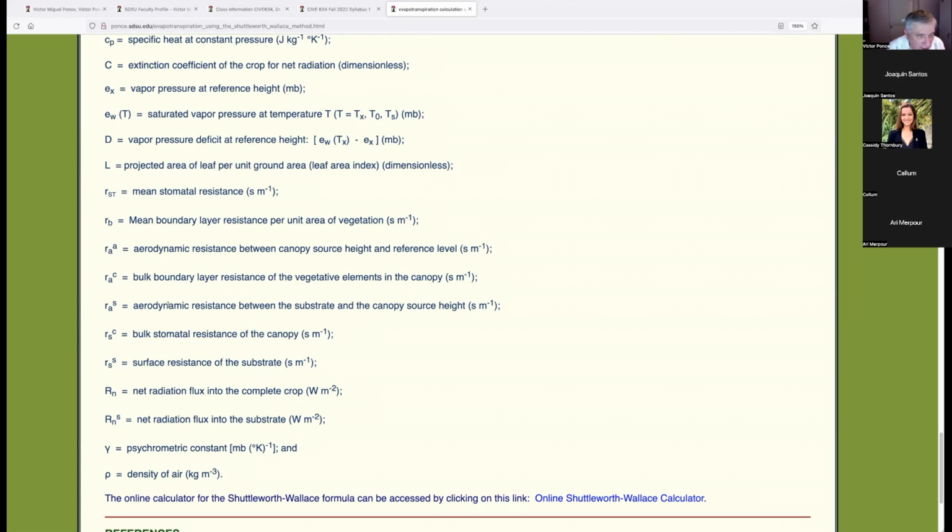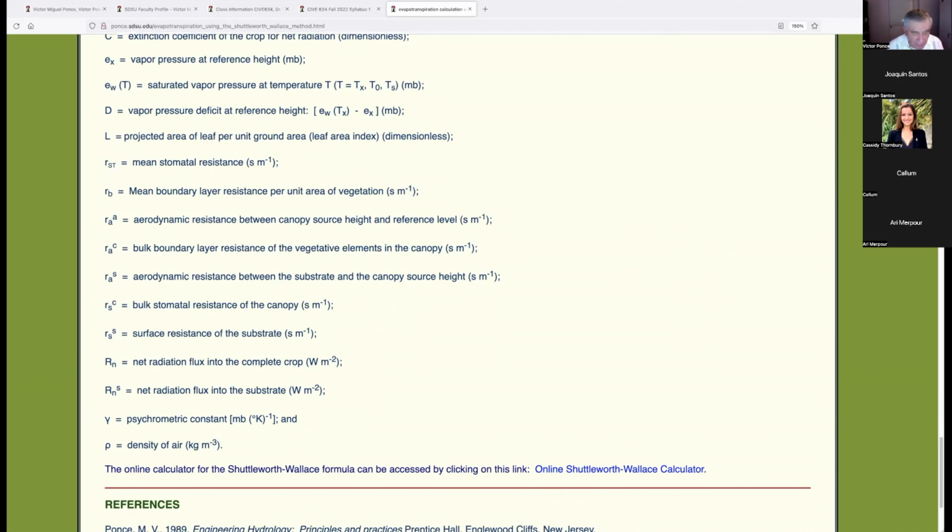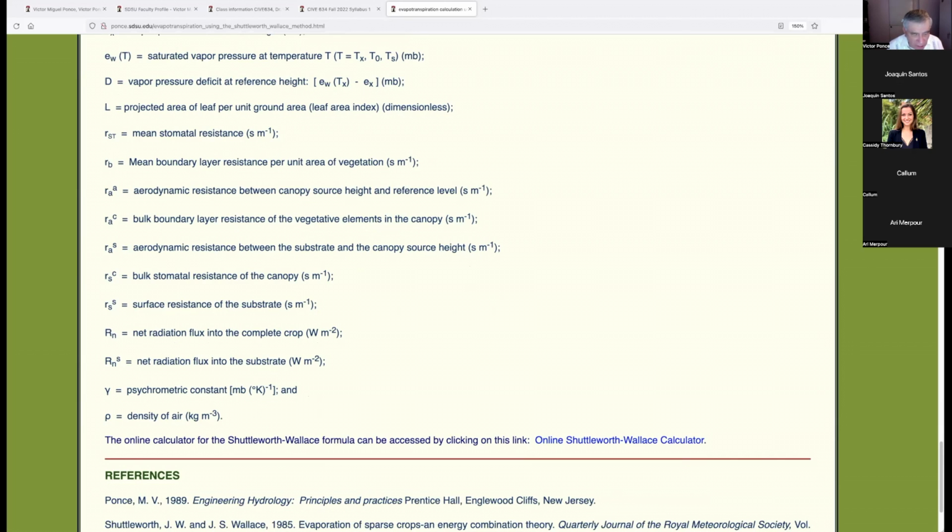R sub AS, aerodynamic resistance between the substrate and the canopy. R sub SC, bulk stomatal resistance of the canopy. R sub SS, surface resistance of the substrate. So 1, 2, 3, 4, 5 resistances that need to be either calculated, estimated, or whatever way before you can run the model. Everything else is known.